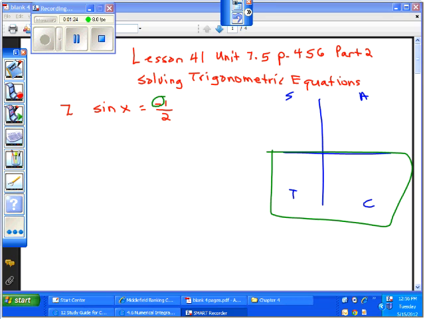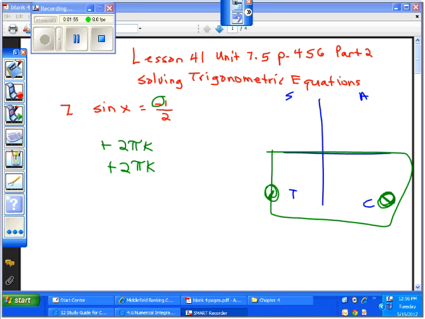There's going to be the answer that's in this quadrant, around and around and around. And there's going to be the answer that's in this quadrant, around and around and around. So I'm going to have the stuff that's in quadrant 3 plus all the way around, and then I'm going to have this angle that's in quadrant 4 and then all the way around.